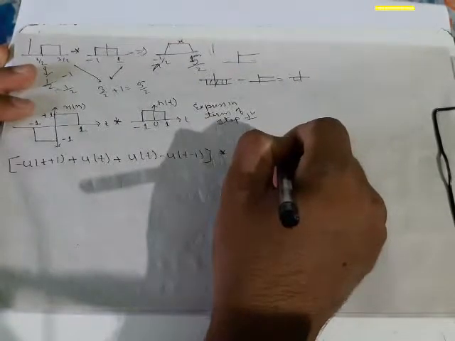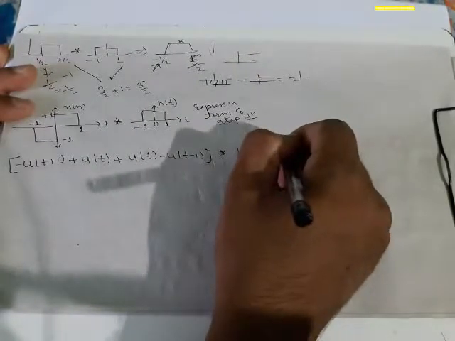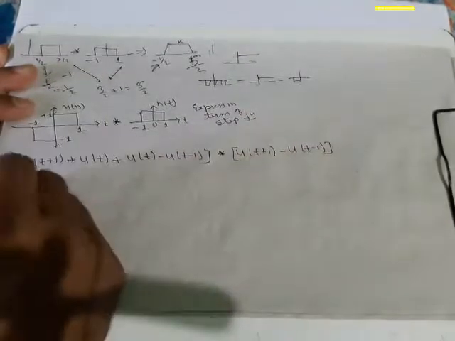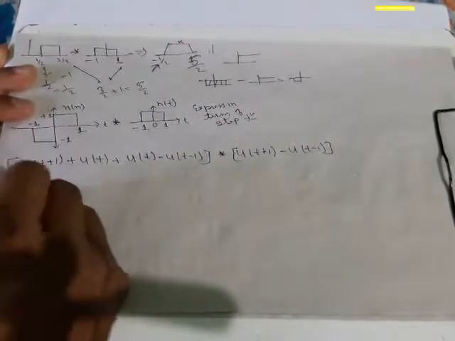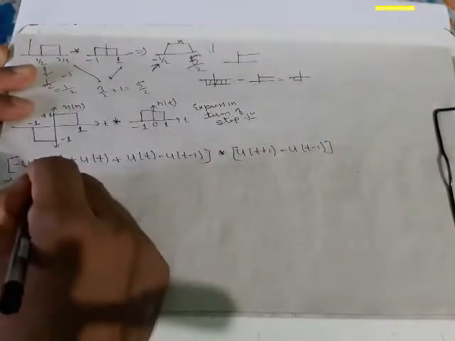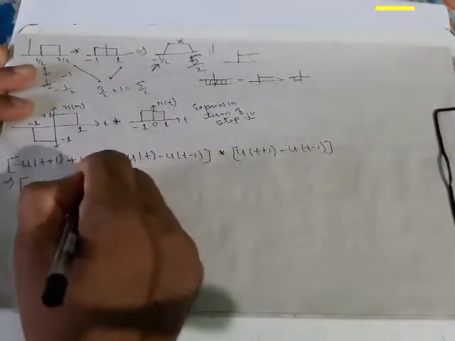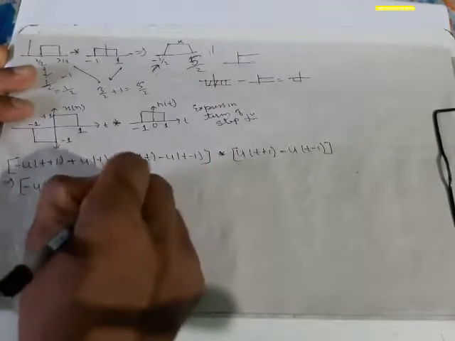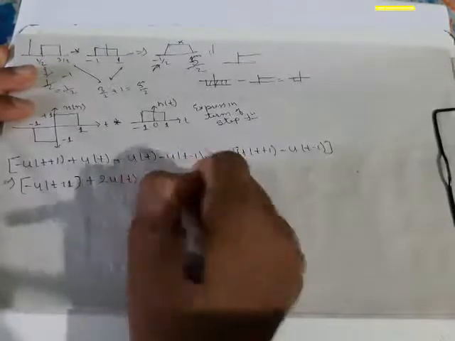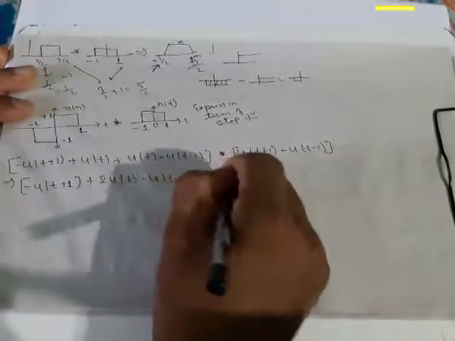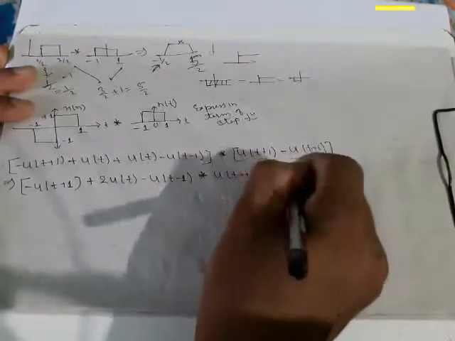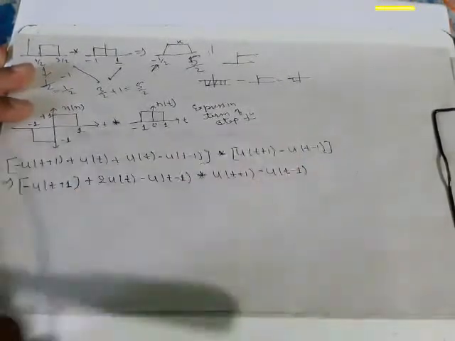So this is expressed in terms of step function. Now draw. It is minus, which means negative slope from minus 2. So it is here till minus 1. Then again, it is 2r, which means 2 slope.